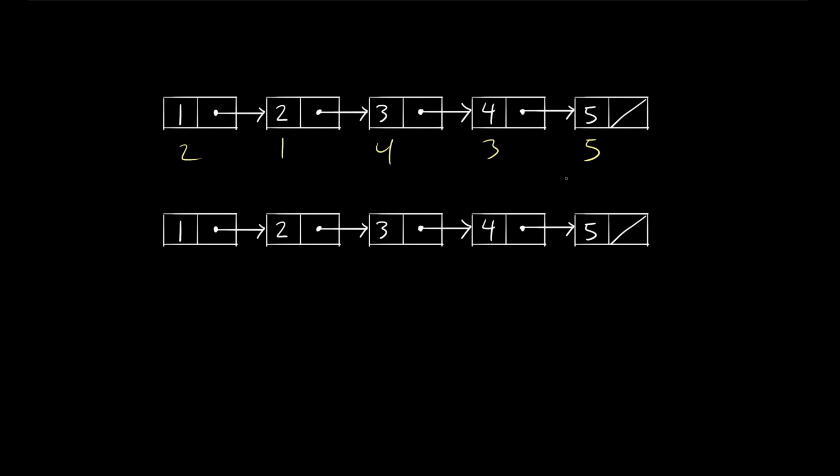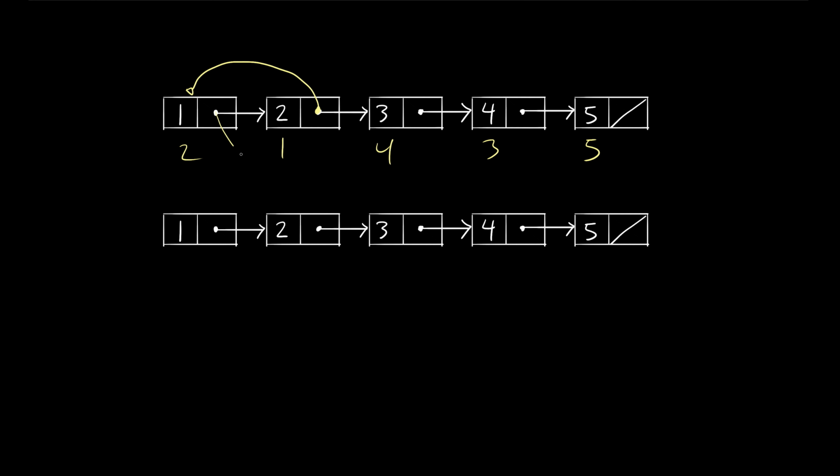So how are we going to get these numbers? When you think about it, swapping seems quite difficult because first of all, 2 is going to be first. You're going to have to get this guy to point to this guy. And then for 1, you're going to have to point it to the next guy. 3, but then it wouldn't be 3 anymore because you're going to be swapping 3 and 4.